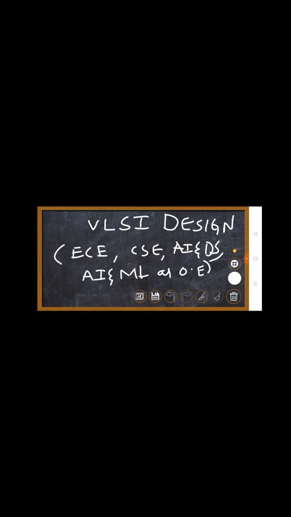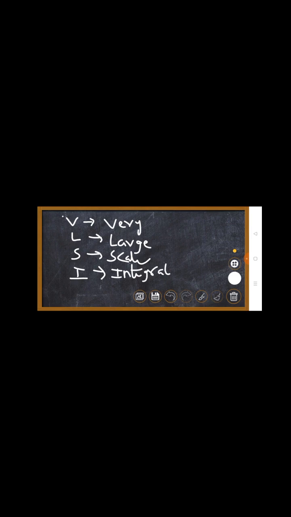Now let us start with the very important thing here. See here, VLSI. First of all, we will concentrate on this. V stands for very, L stands for large, S stands for scale, then I stands for, somebody will call it as integration, or somebody will call it as IC.